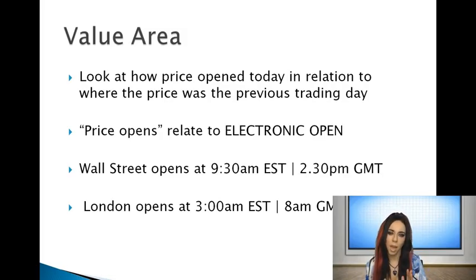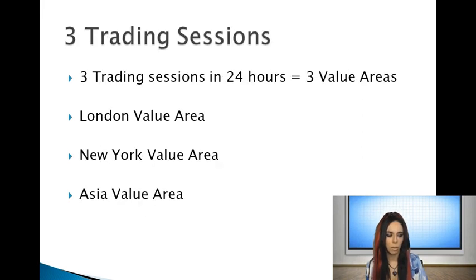We only use the active trading hours for the sessions to gauge market sentiment. So really, you will have 3 value areas that correspond to 3 trading sessions. You'll have a London value area, New York value area, and Asian value area depending on which session is currently active.